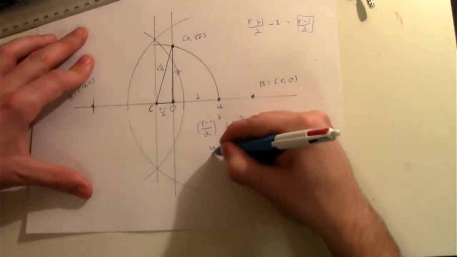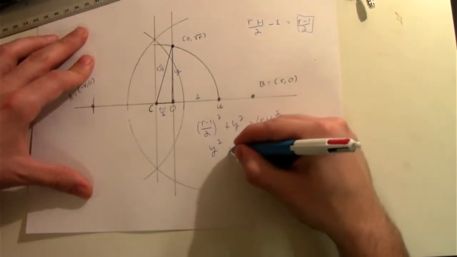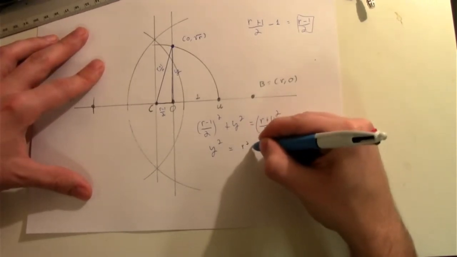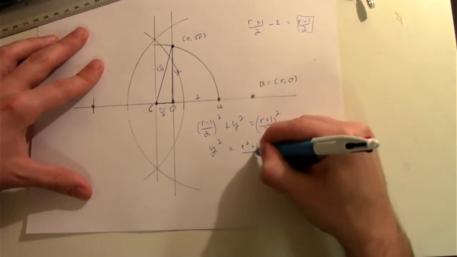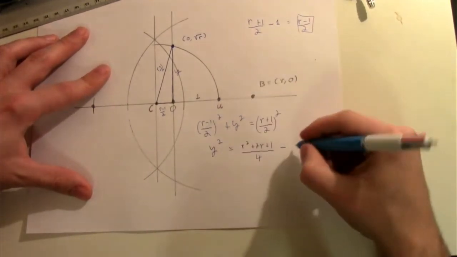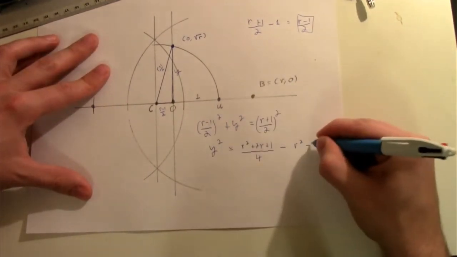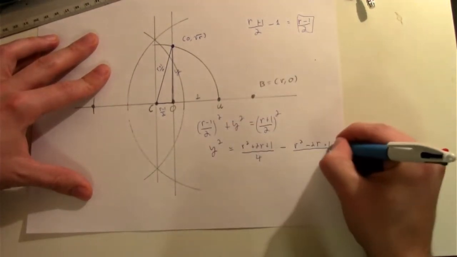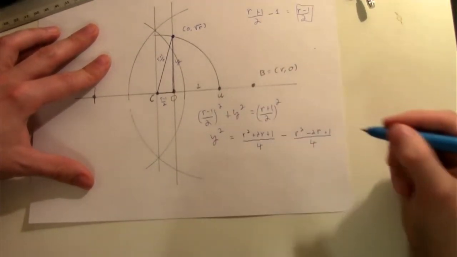Well, that tells us that y squared must be equal to, expanding this out, r squared plus 2r plus 1 all divided by 4, minus r squared minus 2r plus 1. But now we're subtracting all of these terms, right?